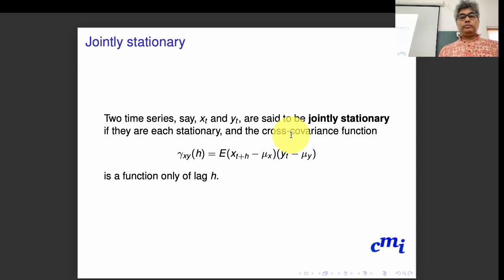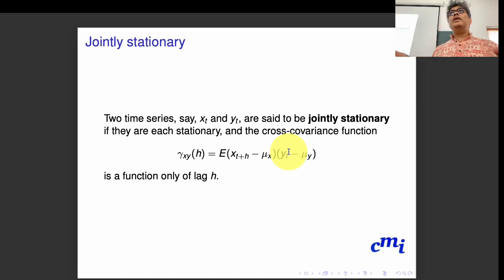So how are we defining the cross covariance function? Expectation of x at t plus h minus mu x, where mu x is the mean of the x series, times y at t, not t plus h, y at t. So it's like x at time point 1 and y at time point 3, say h is 2. Are they correlated, and is that covariance stationary?